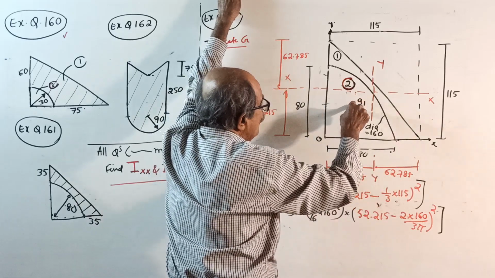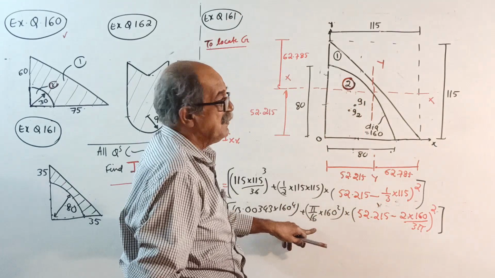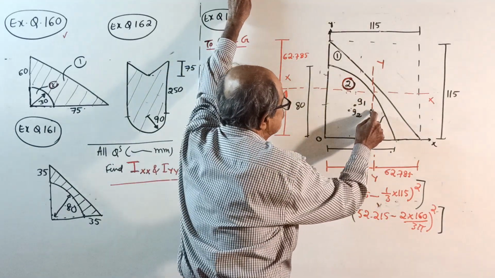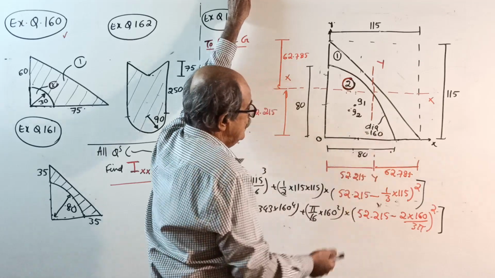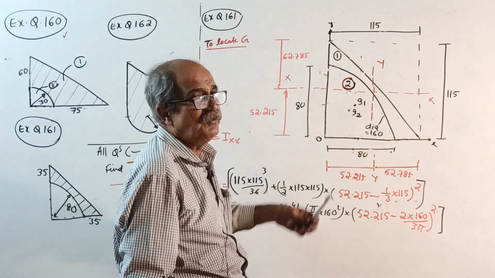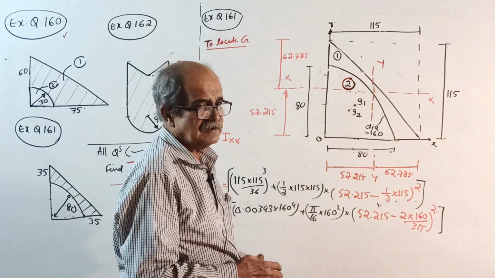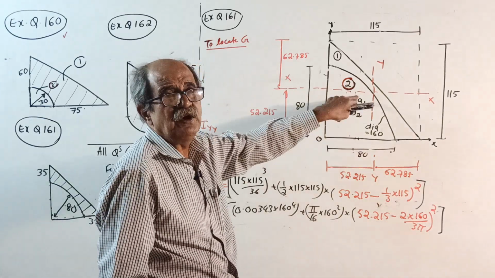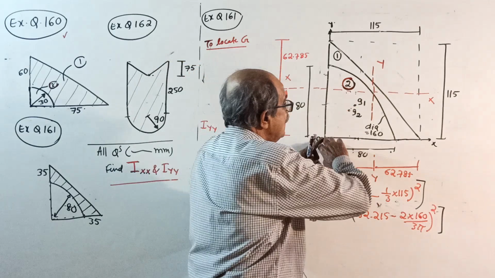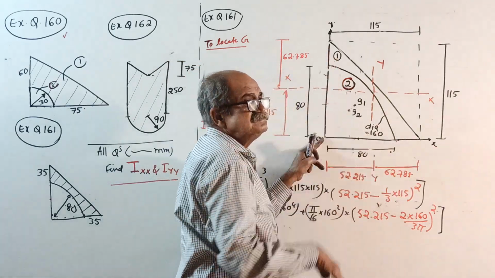Again here, 0.00343, 160 power 4 plus area into this distance square, that is 52.215 minus 2d by 3 pi. It will come the same answer. So the advantage is that here IXX equal to IYY, and from here x bar equal to y bar.